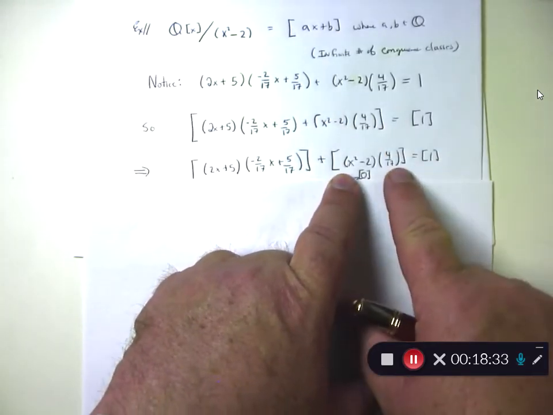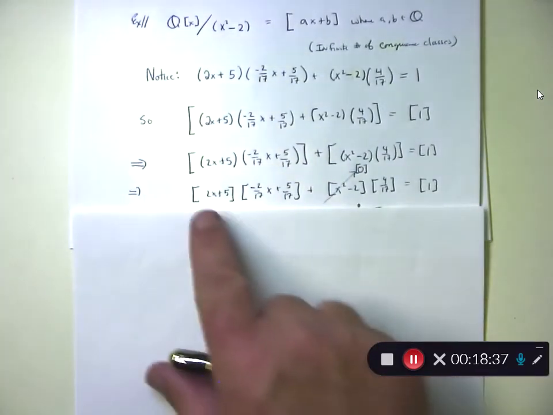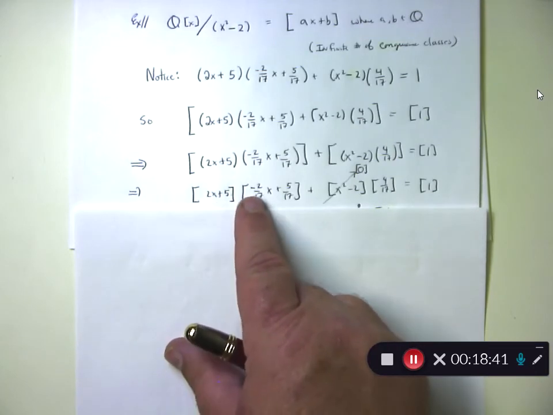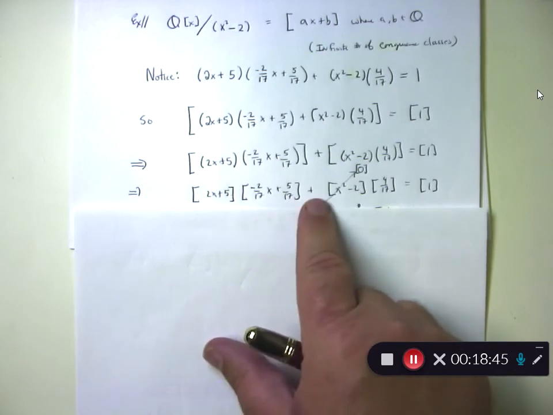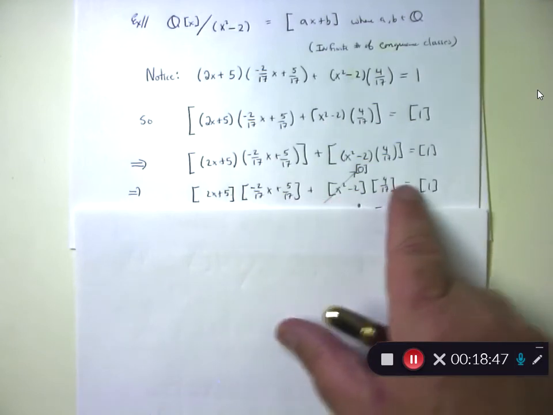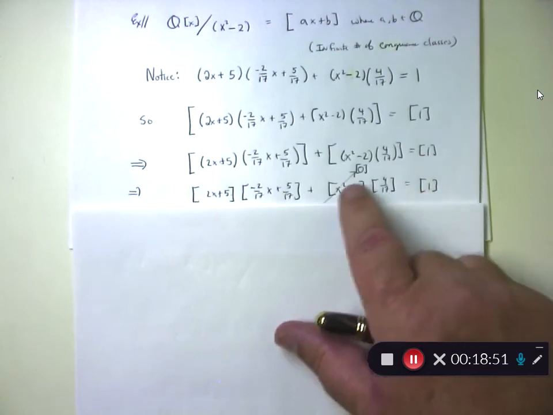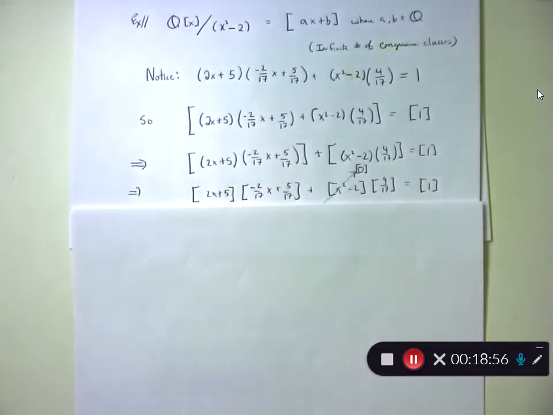And with multiplication, you can take the congruence class of each of these, and that's what I did here. The class of 2x plus 5 times the class of negative 2/17 x plus 5/17, plus the class of x squared minus 2 times the class of 4/17, equals the class of 1. But since you're modding out by x squared minus 2, that congruence class is equivalent to 0.